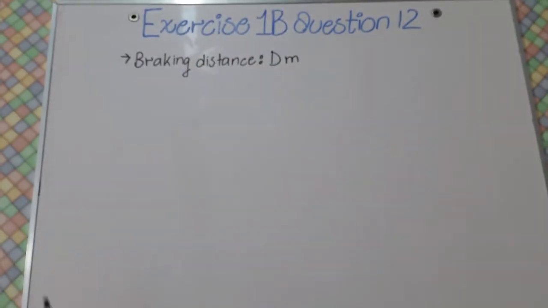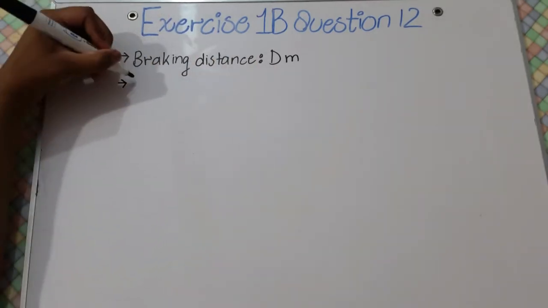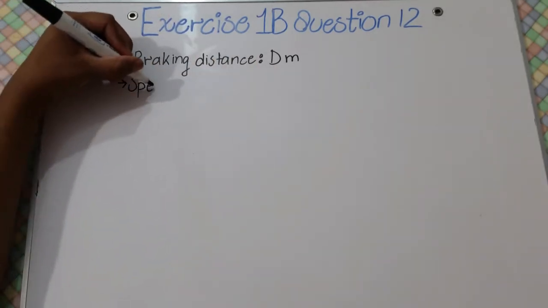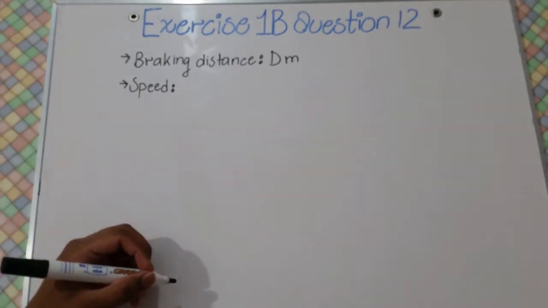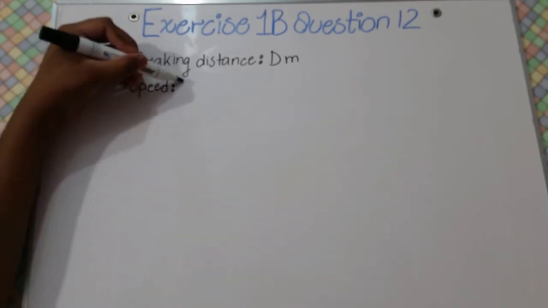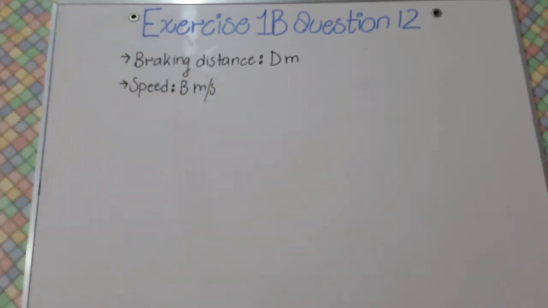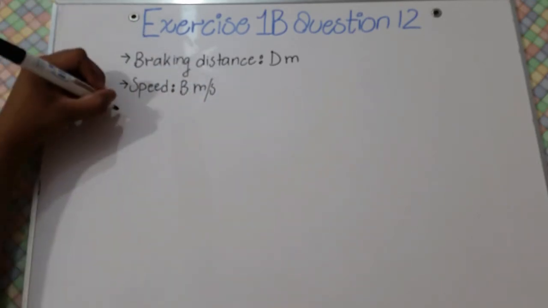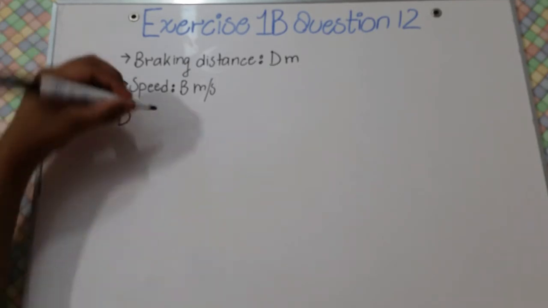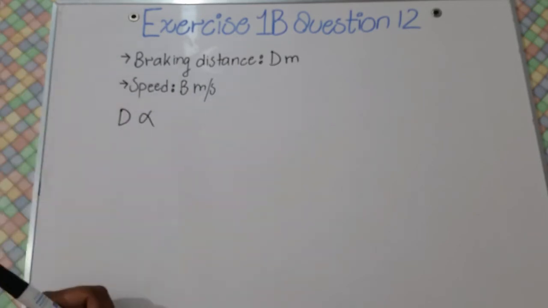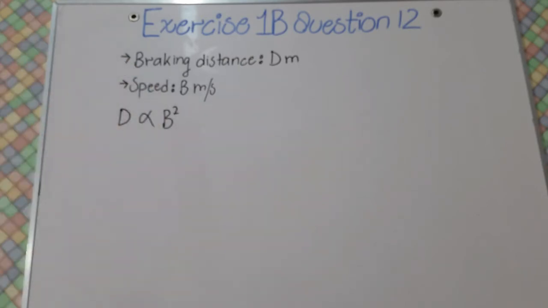In the question they have given a small d, but I have taken a capital D. Then for the speed of the vehicle, I'm going to take capital B meters per second, and in the question they have given a small b. The question says that D is directly proportional to B squared, because the speed is in meters per second.